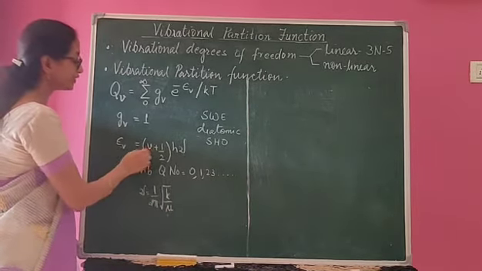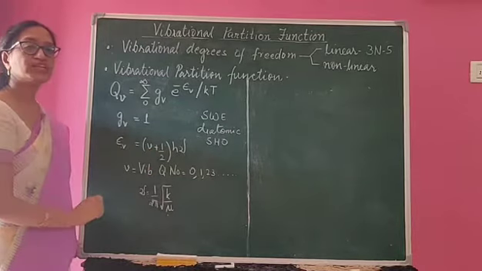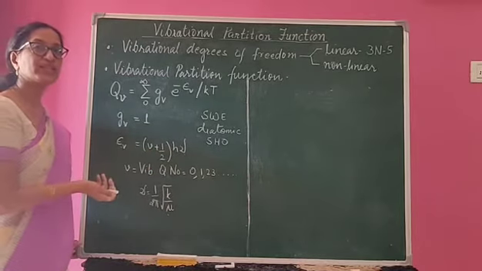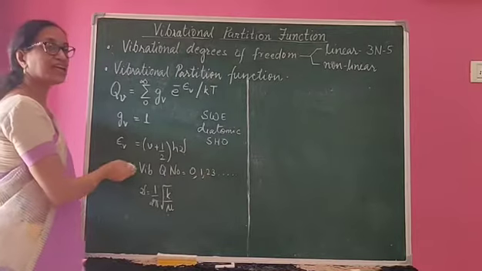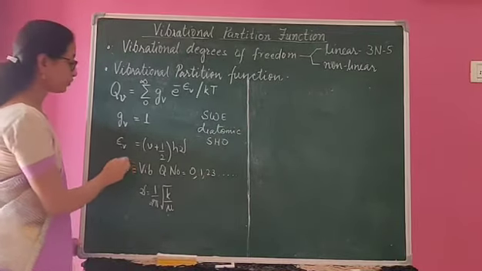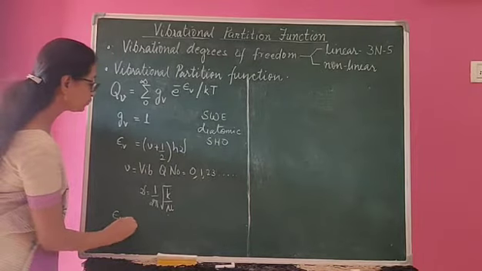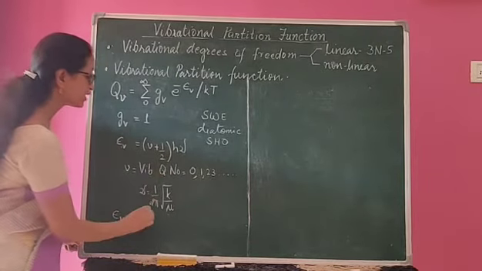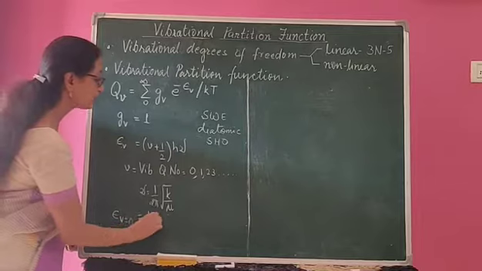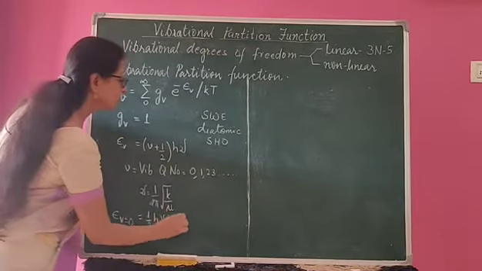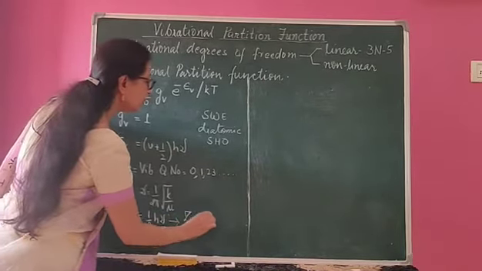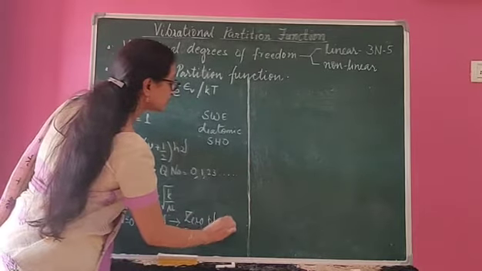If we substitute V equal to 0, the lowest energy level, the energy is not equal to 0. It has a residual energy equal to half h nu, and this is known as the zero point energy.